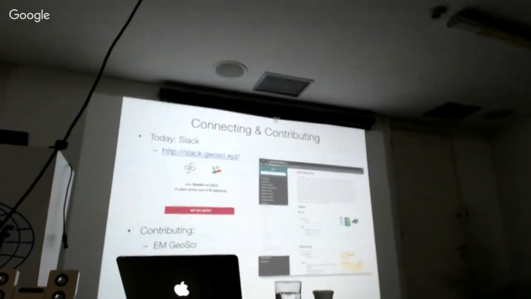With most places that we've been, we've established a Slack channel. And then contributing, there's EM GeoSci, there's case histories, content, and then there's open source software, which we talk more about, which is SimPEG. So this will all be part of day 2.